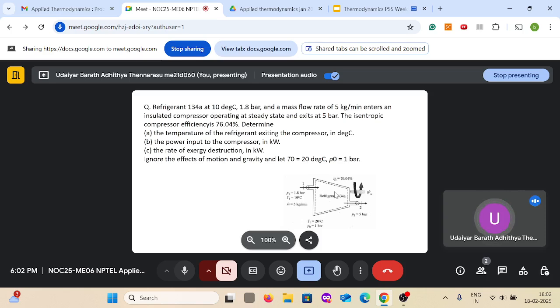So what you have is a compressor. So you are compressing a fluid, which is coming in at 10 degrees Celsius and 1.8 bar, and you are compressing it to 5 bar.